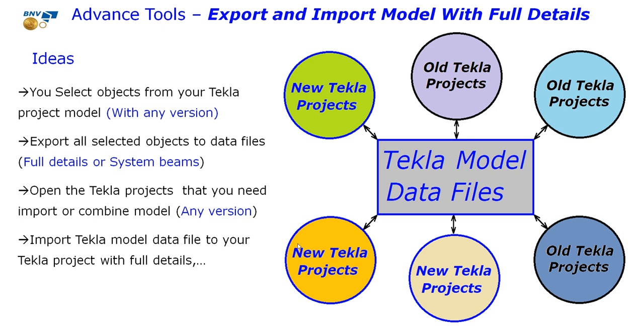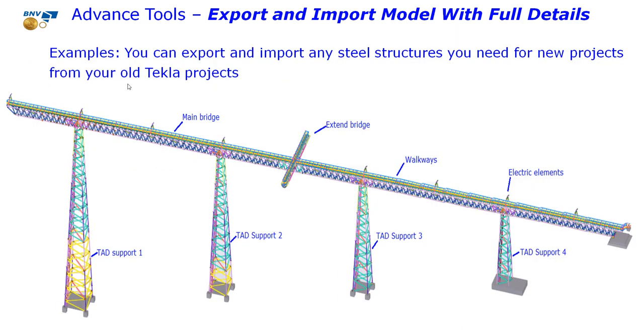You have some new projects and some old projects and you can transfer data together by Tekla model data file. For example, you have the bridge project and you can export or import any steel structure unique for the new project from your old Tekla project to reuse the structure. Only TD1 support or walkway or bridge or detail or main structure.